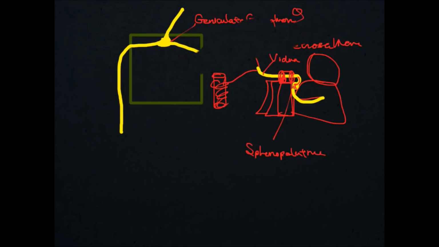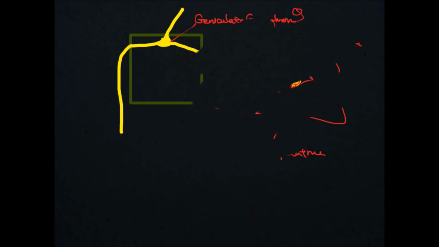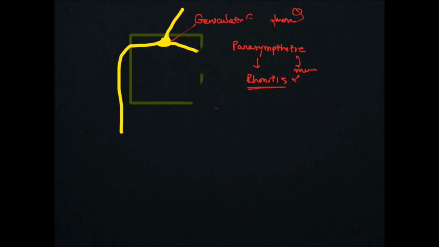What is vasomotor rhinitis? We will see. In some patients, due to excessive parasympathetic stimulation, there is rhinitis. Due to parasympathetic secretion, there will be more release of mucus, and that causes rhinitis or the runny nose.